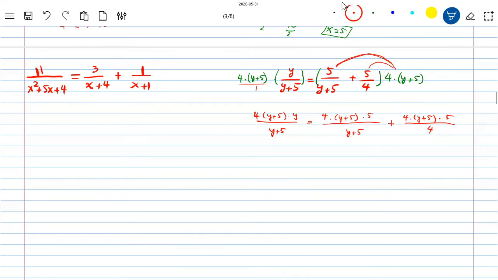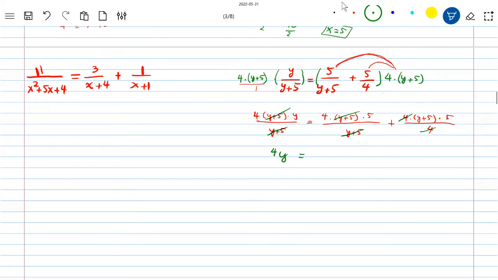Now cancel out, simplify the similar terms. Y plus 5 will cancel out, 4 and 4 will cancel. Now you see that there is no denominator. So our work has been simplified to simply what is left is 4y.